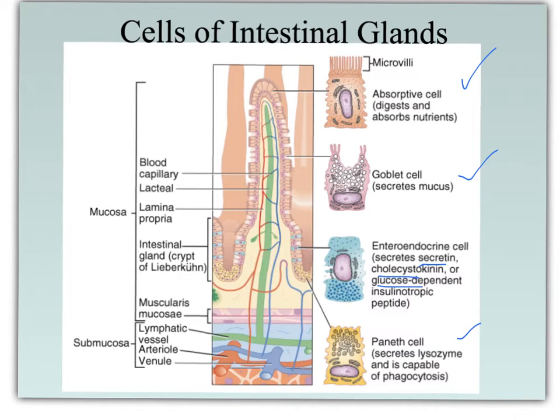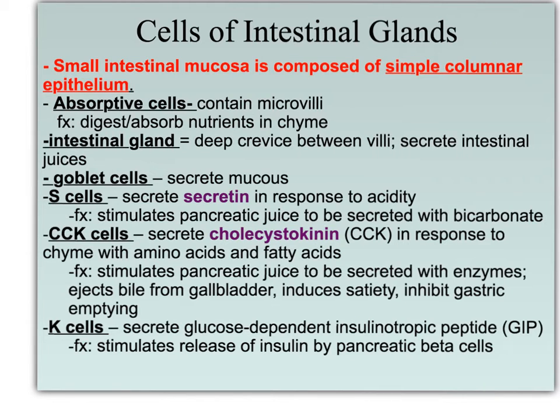So again, this large layer is called a villus, singular is a villus, and then within that villus is this brush border there. On the surface of it is the microvilli. So what kind of cells do we have going on there?